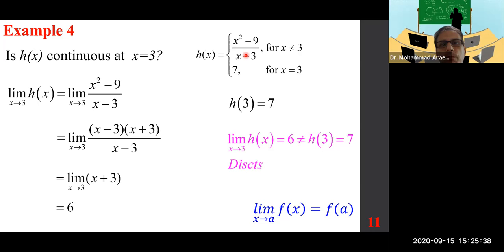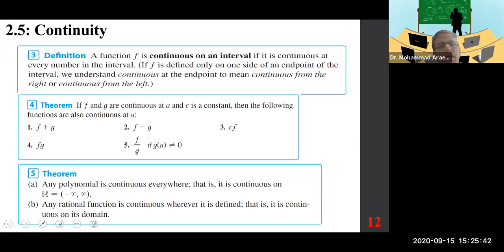Here's the next one. At first, here's some definition. I mentioned the definition of continuity on an interval. The function is continuous on an interval if it's continuous at every point of that interval, okay? The other thing is that if we know a function is continuous at a specific point, then any combination of algebra functions is also continuous, okay?